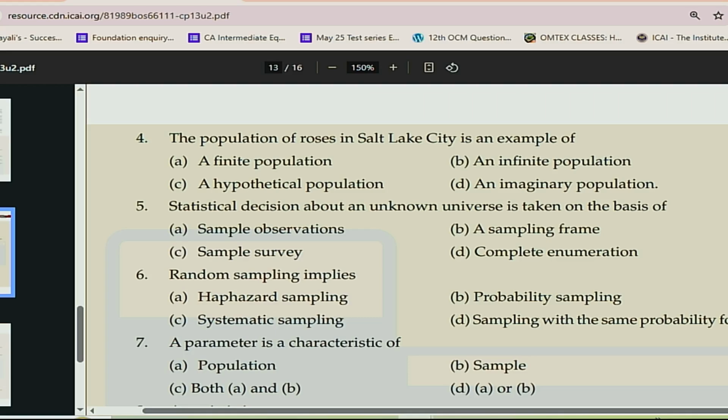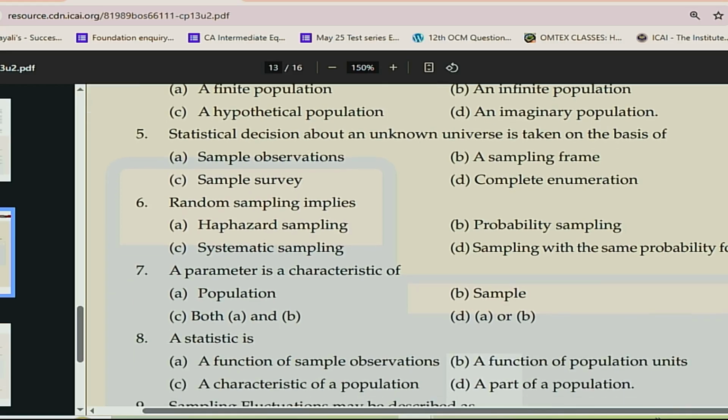Option B. Statistical decision about an unknown universe is taken on the basis of sample observations, sampling frame, sample survey or complete enumeration. Next, random sampling implies to haphazard sampling, probability sampling, systematic sampling or sampling with the same probability for each unit.